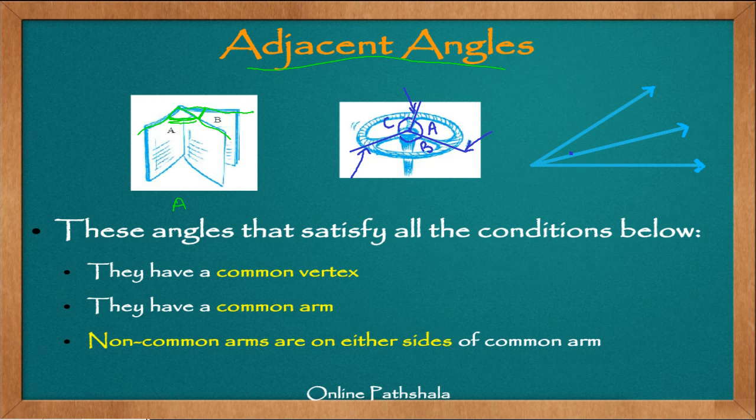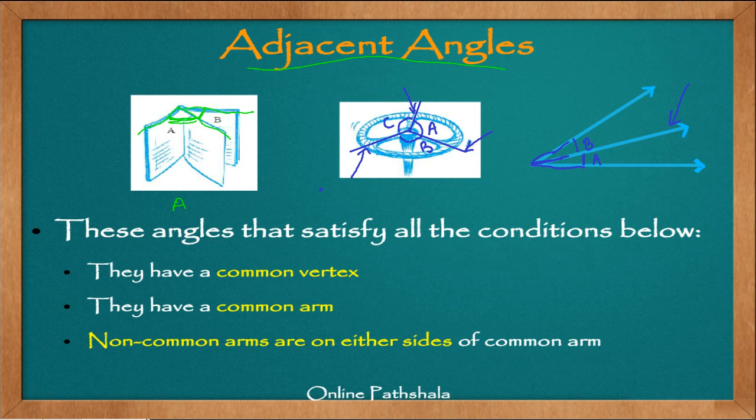And this is another example where we have drawn angles such that, let us say, this is angle A and this is angle B. We are just giving these names A and B. Again we see the same observation. This is the common side and this is the common vertex for both the angles. This is how the angle B is formed and this is how the angle A is formed.